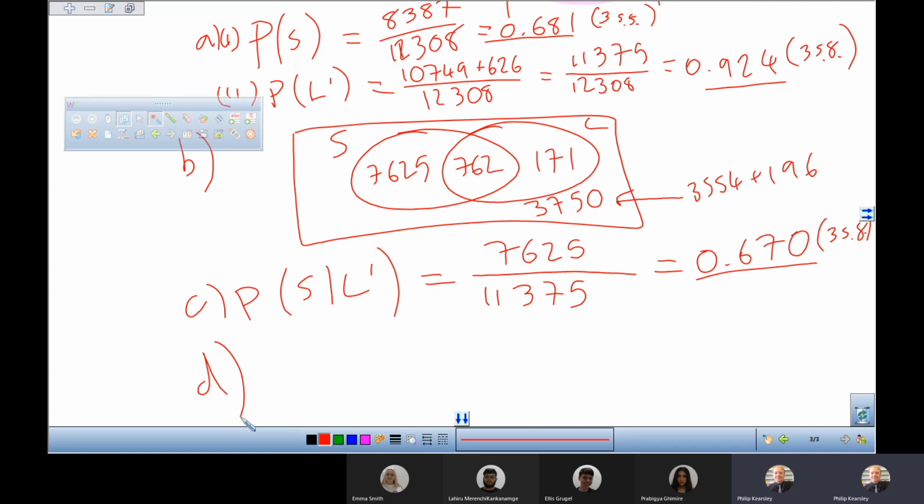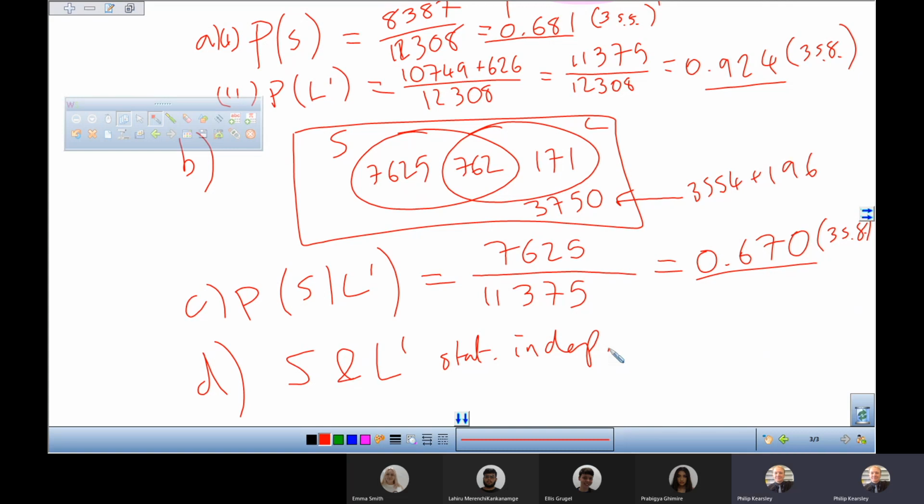Part D. Are the events S and L dash statistically independent? Do you remember what we need to do for this one here? That's an open question to the room. What do we think? We're trying to determine whether S and L dash are statistically independent.